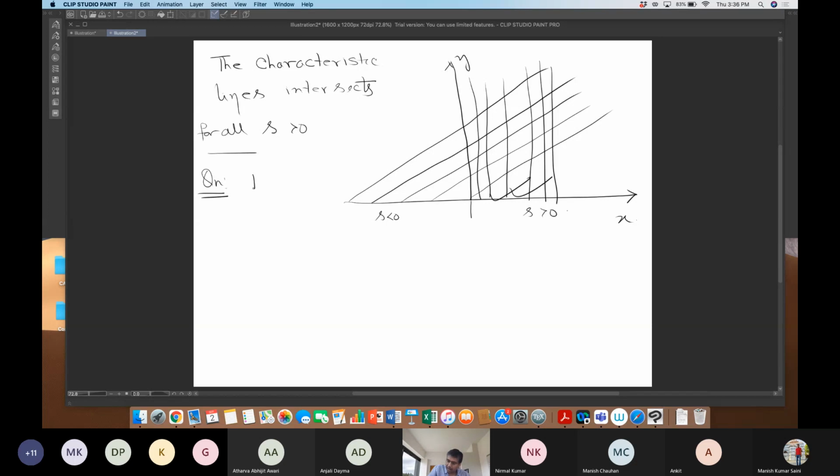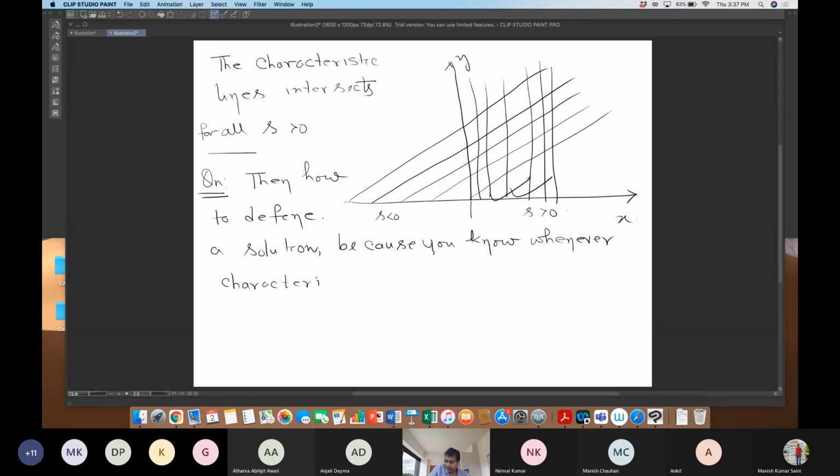The question is then how to define a solution, because whenever characteristic lines intersect, you cannot define a classical solution.